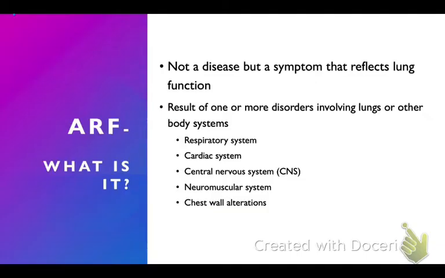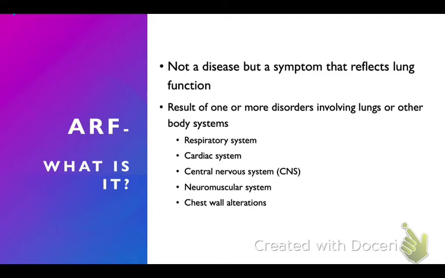So what is ARF? It is not a disease, but a symptom that reflects lung function. It's a result of one or more disorders involving the lungs or other body systems. So it could be something like the patient becomes extremely acidotic and can have some respiratory difficulties. The cardiac system, such as an MI, they can go into respiratory failure.